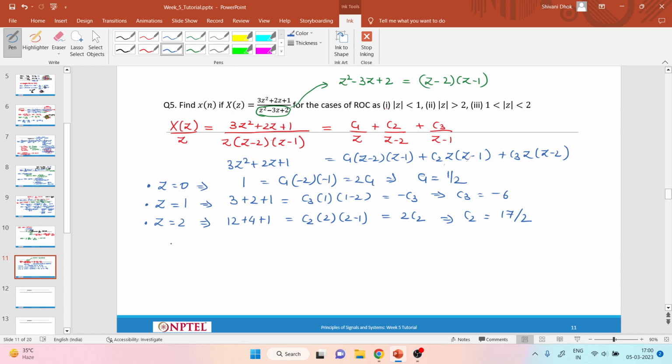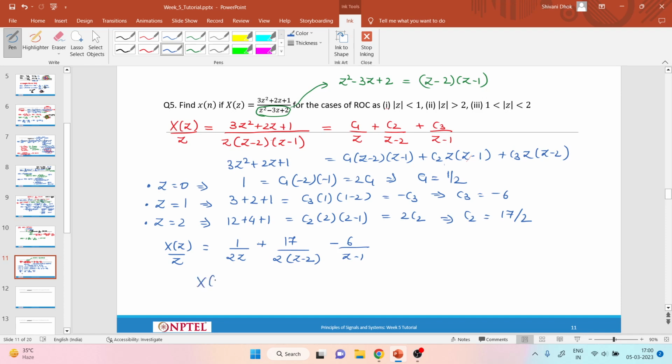So I can write x of z upon z as c1 upon z, that is 1 by 2z, plus c2 upon z minus 2, that is 17 by 2 into 1 upon (z minus 2), and c3 upon z minus 1, that is minus 6 upon z minus 1.